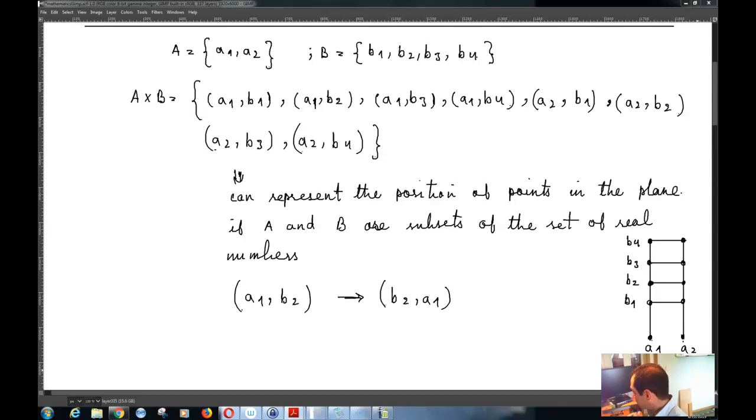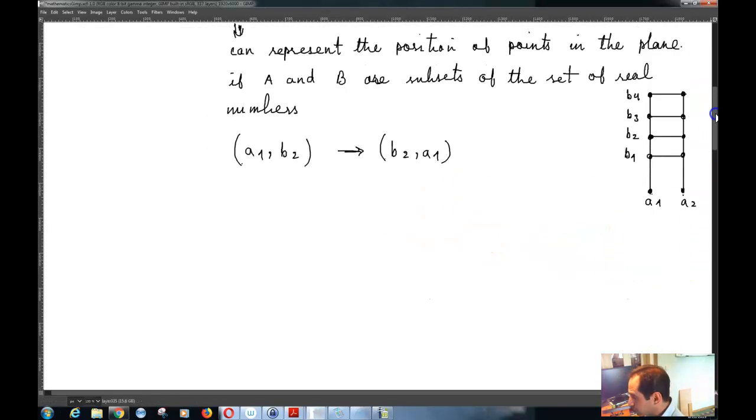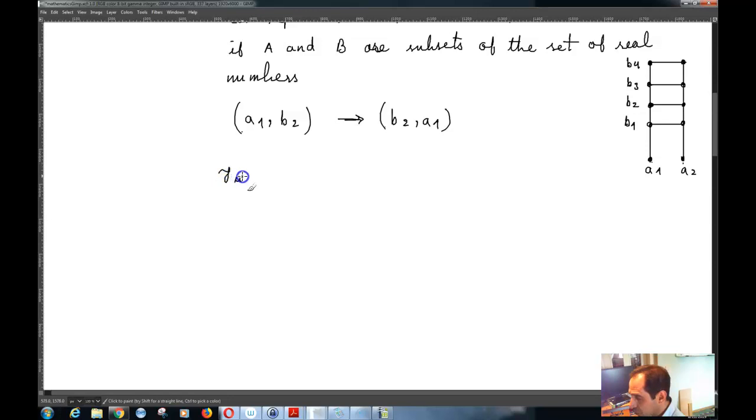Now, there are a couple of remarks over here. Two ordered pairs are equal if and only if, which is iff, the corresponding first elements are equal and the second elements are also equal.